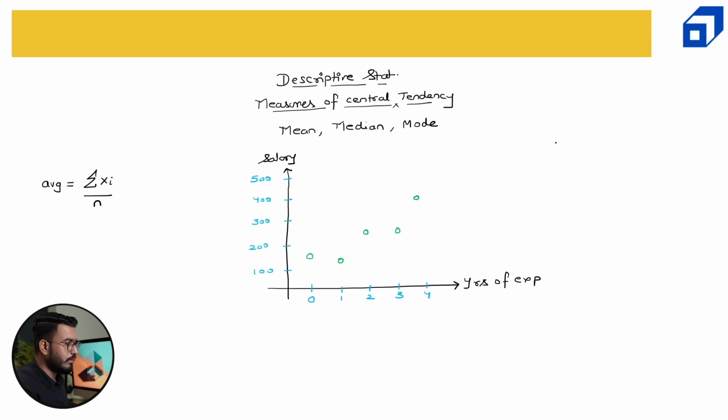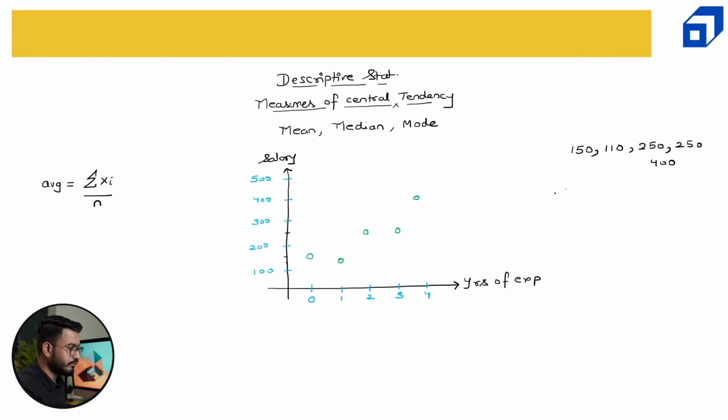So here I'm having observations like, let's say this is 150, comma, I'm having another one which is below this. So let's say this is 110, comma, this is, let's say, 250, comma, let's say this one is again 250, and then we have a point 400. So these are my data points.